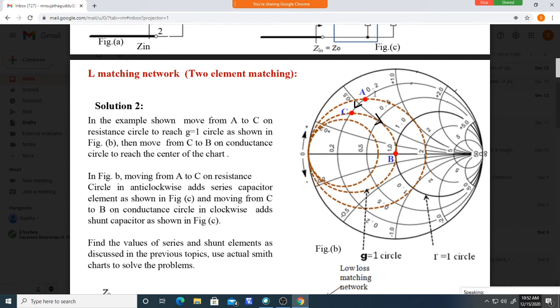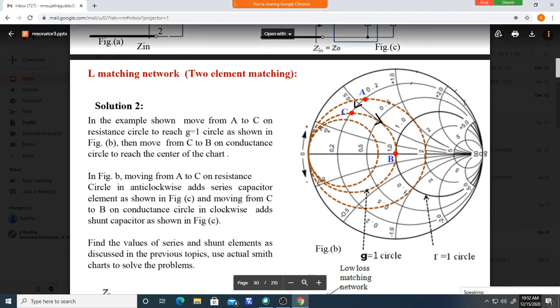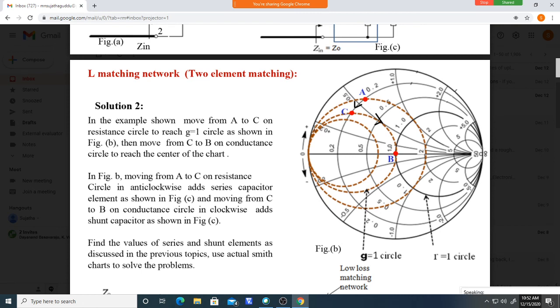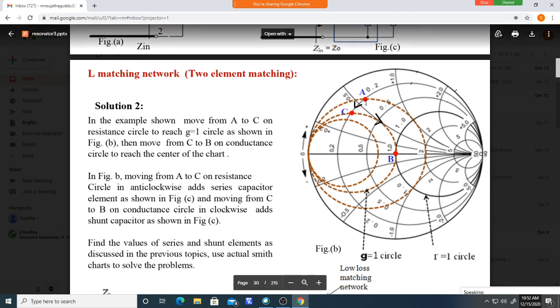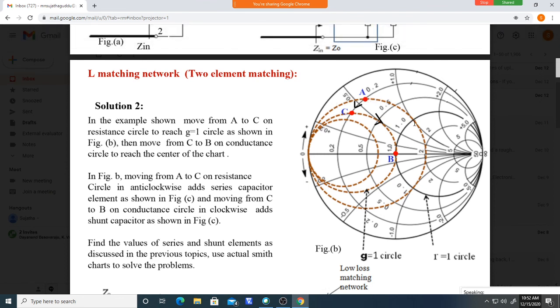But we are not moving this way, because it never reaches the R is equal to 1 circle. Similarly, if you move like this, you never reach G is equal to 1 or R is equal to 1. That's why we are not moving in this way. What we did, we moved like this and reached the R is equal to 1 circle. That becomes one solution. Another is we moved on the resistance circle and reached conductance.